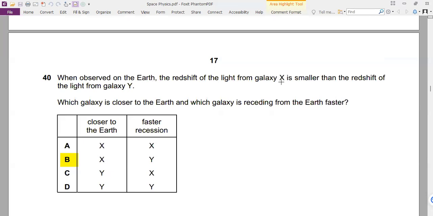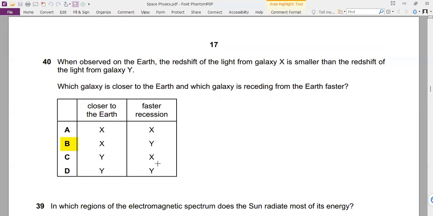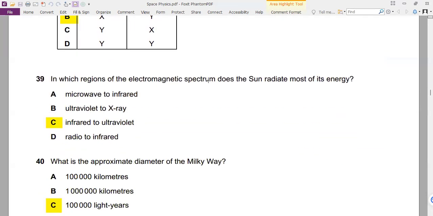The redshift of galaxy X is smaller than that of Y. So that means X is closer to Earth, very simple, and Y is moving faster. So it is IR and UV. These are the electromagnetic spectrums the Sun radiates.